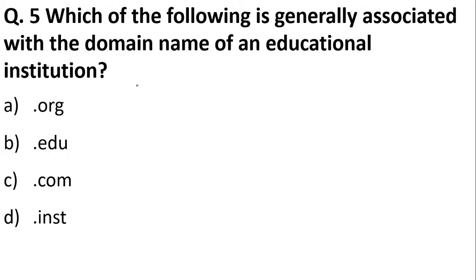Okay. Which of the following is generally associated with the domain name for educational institutions? So, which is the term that is associated with the domain name for educational institutions?